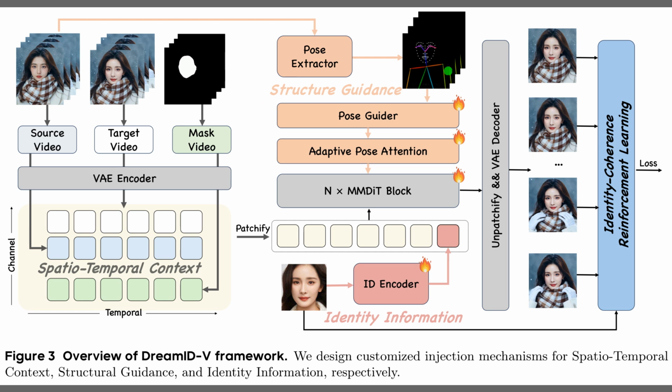Up top, the structural guidance module extracts pose landmarks, using a pose guider to control facial expressions and movement. Simultaneously, at the bottom, the identity information is injected via an ID encoder to ensure the new face matches the reference.